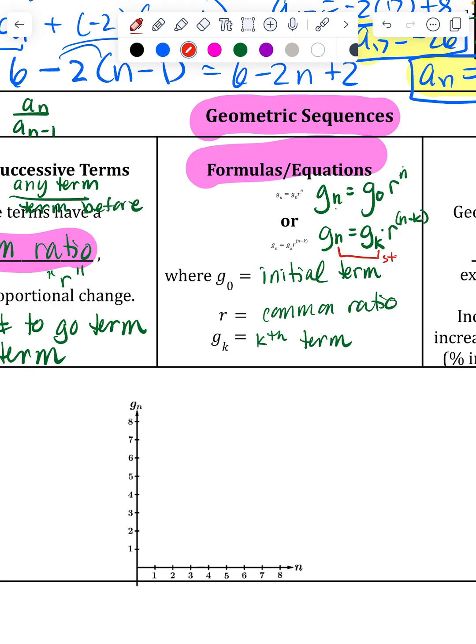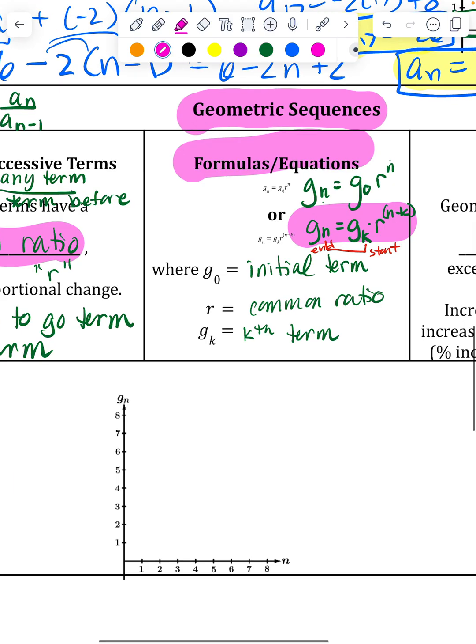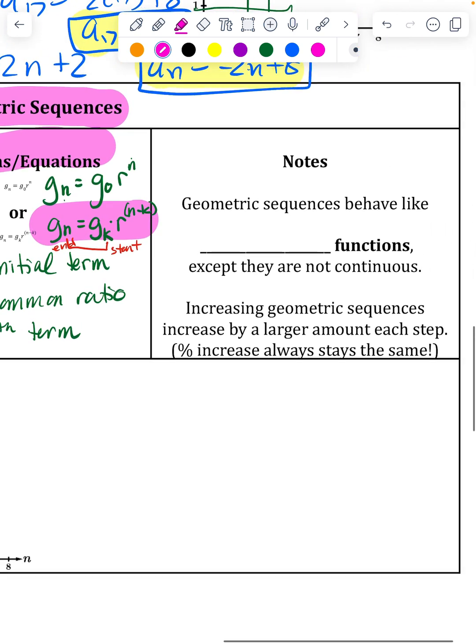Because this is the term that you're going to start with, and this is where you're trying to get to. So you subtract those subscript values to figure out how many times you're using that ratio. These formulas are going to be a biggie, especially this one, because a lot of times they don't give you the initial value, just like we reused that formula last time repeatedly.